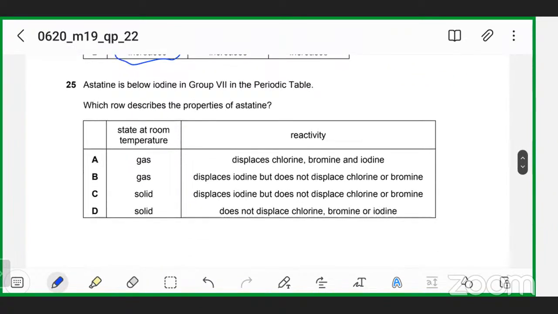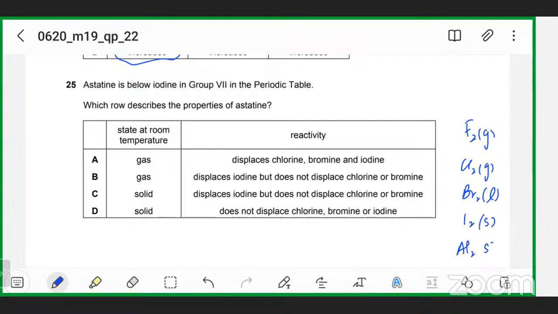अच्छा, astatine is below group 7, it's the bottom of group 7. तो astatine की स्टेट क्या होगी? ग्रुप 7 में क्या होता है periodic में? फ्लोरीन, क्लोरीन, gas. ब्रोमीन और आयोडीन. पहले वाले तो गैसेस होते हैं. And then they become solid. Bromine is a liquid, red brown liquid, iodine is a solid. तो astatine क्या होगा?